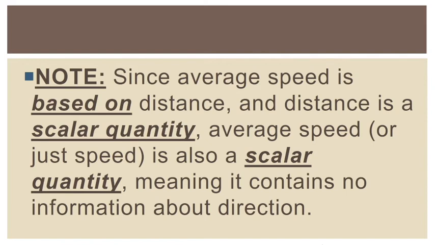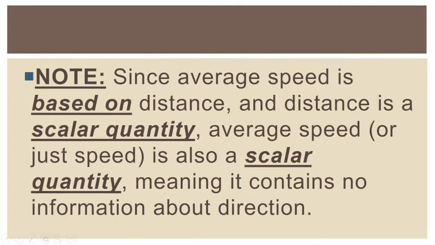They ask about this on the Regents. If I were you, I'd write this down. Since average speed is based on distance, and distance is a scalar quantity, average speed is also a scalar quantity, meaning it contains no information about direction.